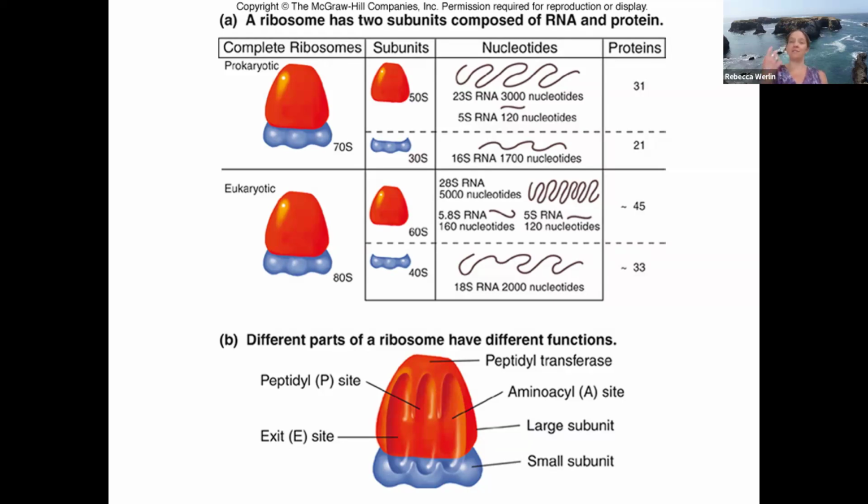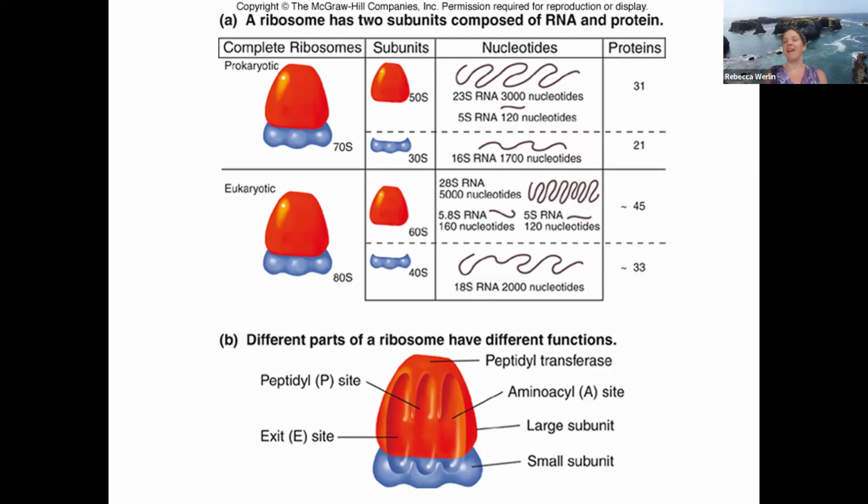The large subunit has 3 large holes, an A, a P, and an E site, and the small subunit fits in there, forming the bottom part of the A, P, and E sites. A is the aminoacyl site, P is the peptidyl site, and E is the exit site. So A is where transfer RNAs bring in new amino acids.